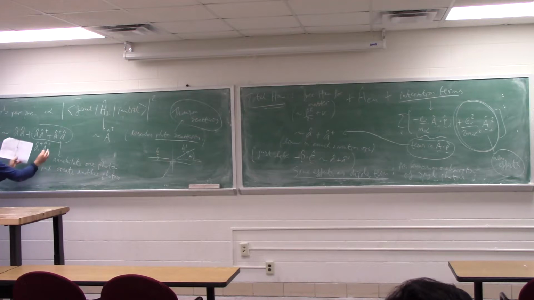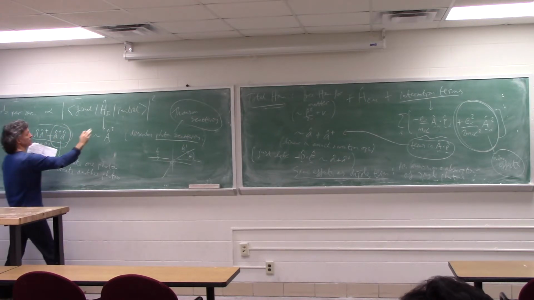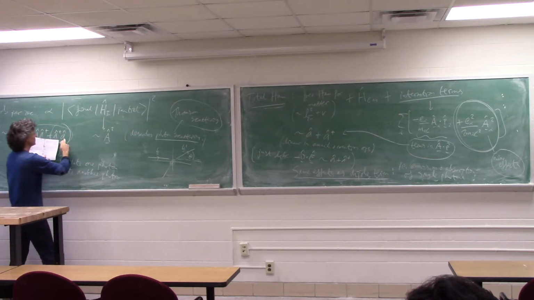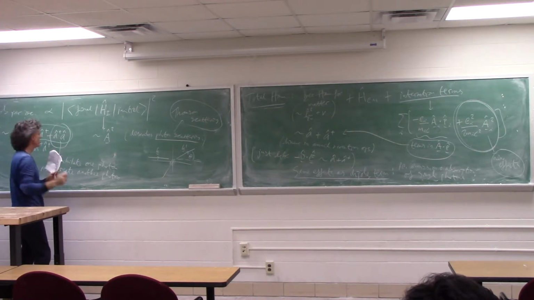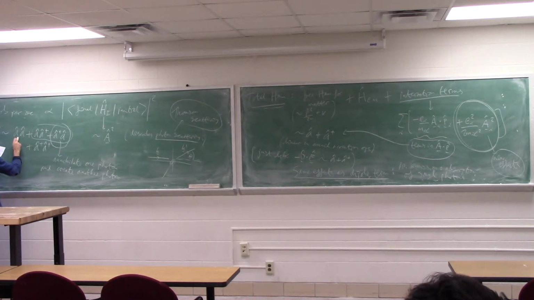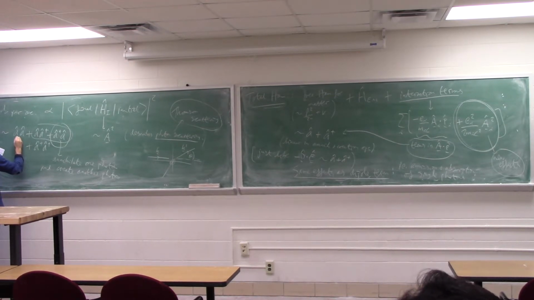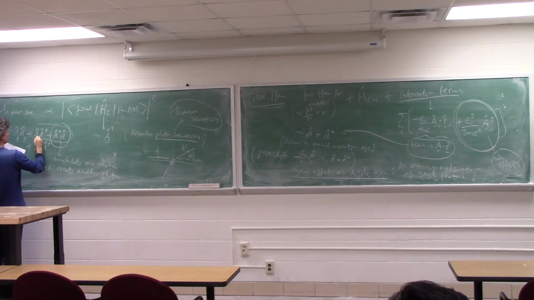Imagine this term acting on the initial state. It can annihilate the photon in one mode. Remember, these are of course sums over different modes. Let me leave off the polarization indices and just put k and k prime.